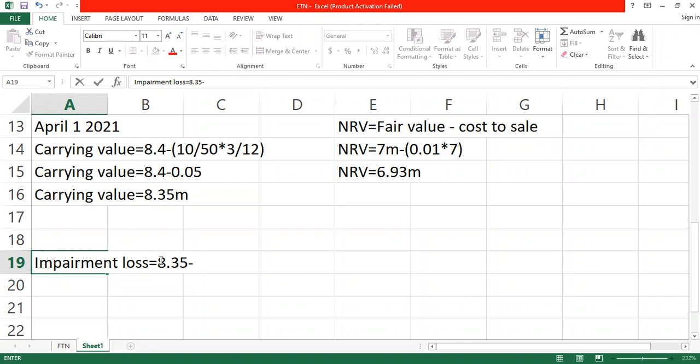Let me solve this one as the last question. The next one, I'll move on to disposal group. Asset held for sale. Which FR is this one?